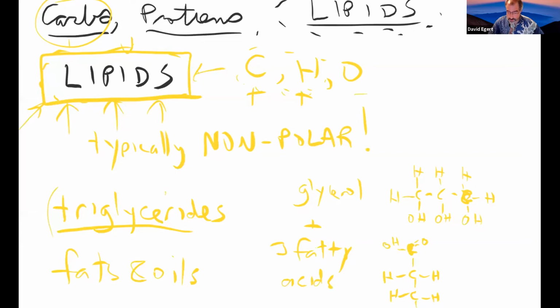This is where it might make more sense for me to just bring up an image from a PowerPoint rather than try to do it this way. So let me do that. PowerPoint, Silverthorne. Wait a second, hold on, sorry about this.